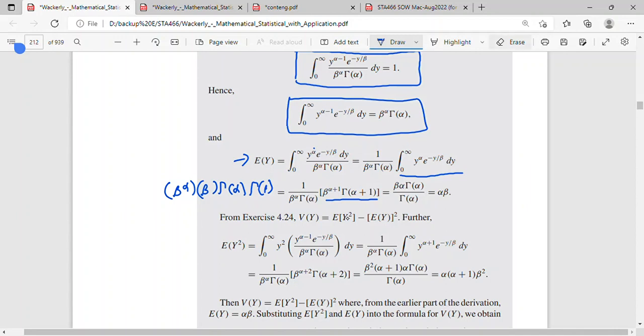Sorry, no, not that one. Okay, so this part, gamma alpha plus 1 is alpha plus 1 gamma alpha plus 1 minus 1.